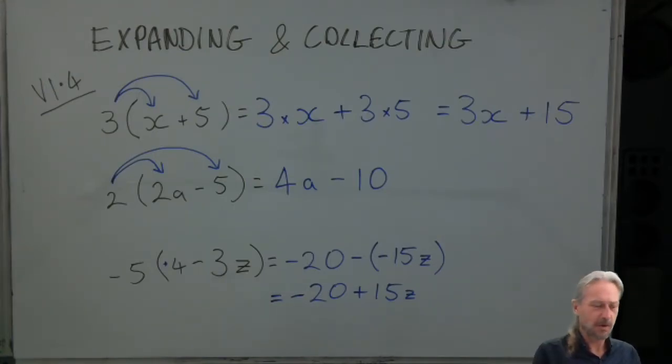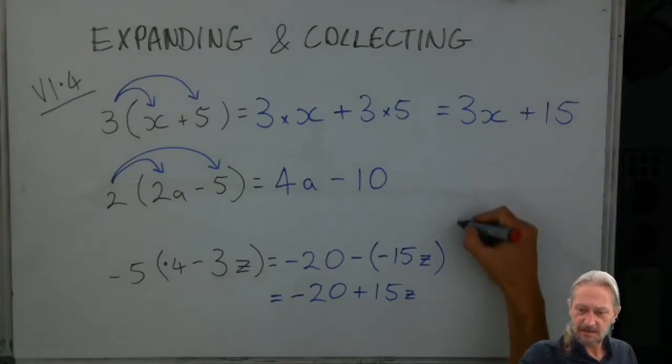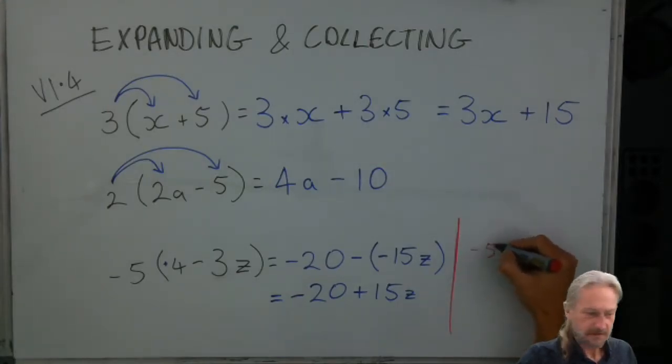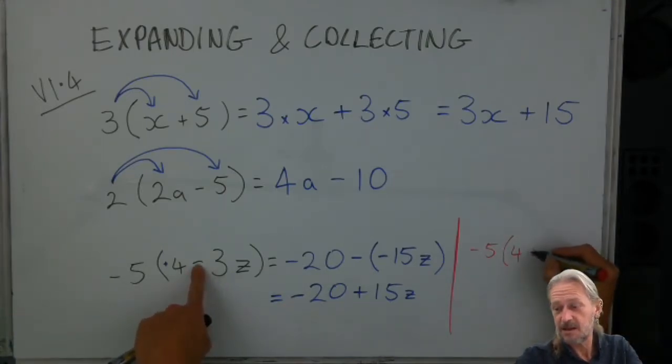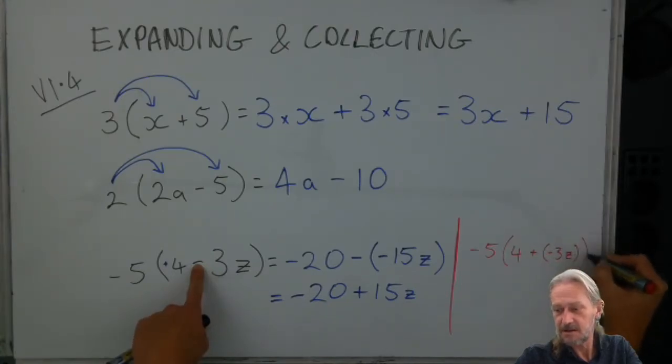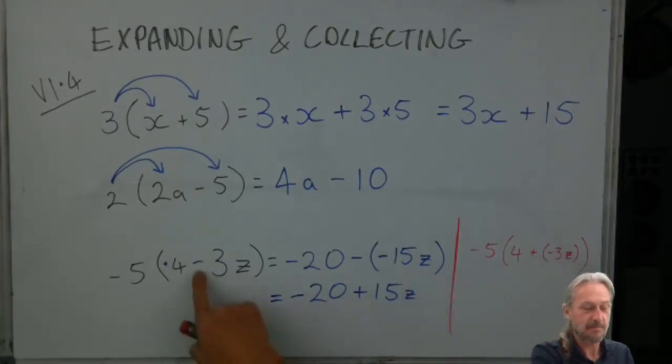In my head, the way I would deal with this is I would think of this as, let's just write it out again, negative 5, or I would think of subtracting a positive number as adding negative 3z, because I know that they're different. So it's the same as subtracting a positive.